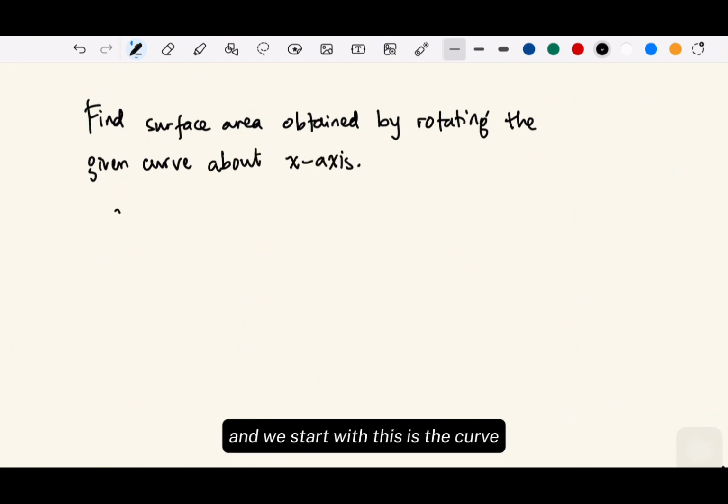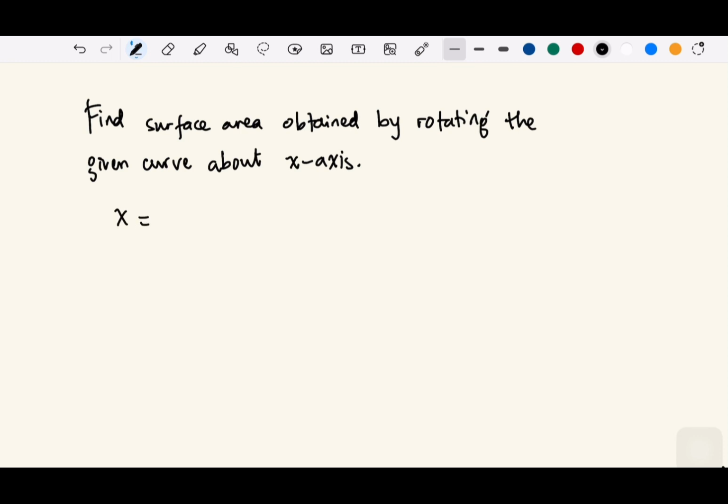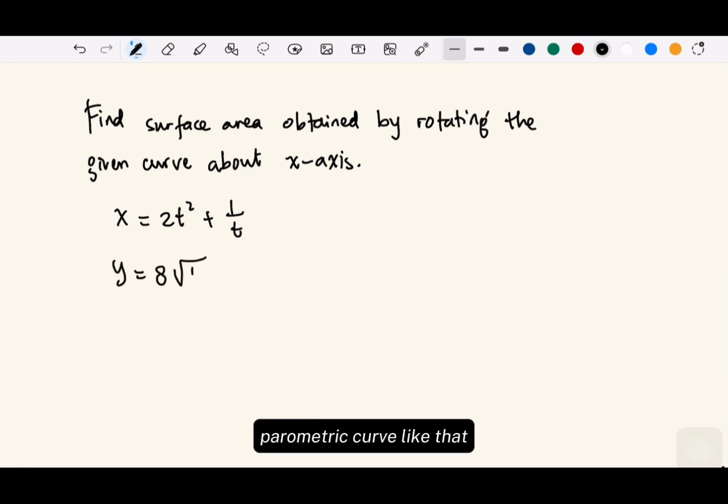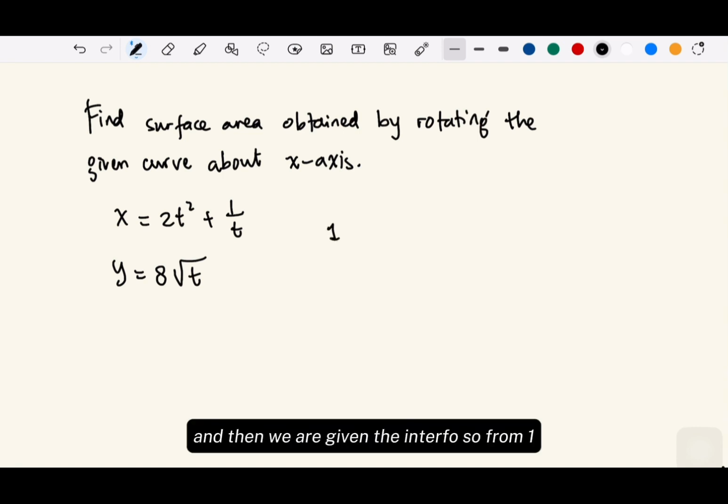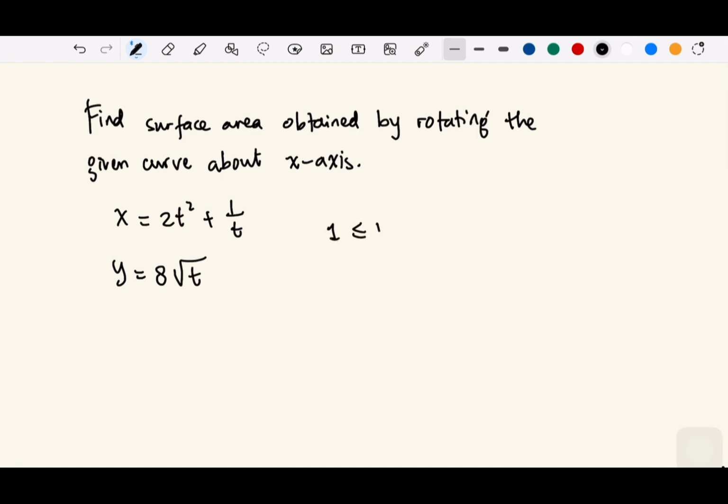Okay, this is the curve, a parametric curve, like that. And then we are given the interval, from 1 to 3 for the parameter t.